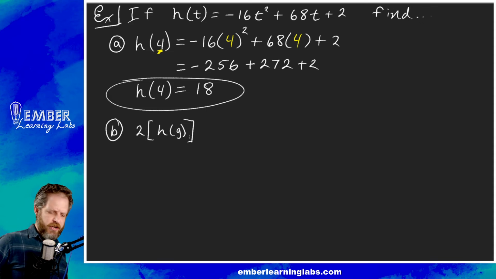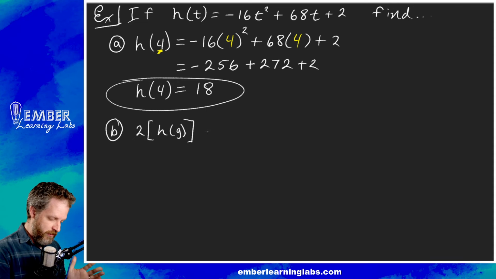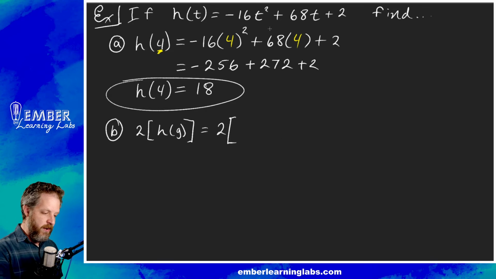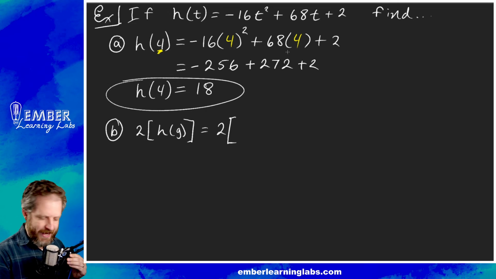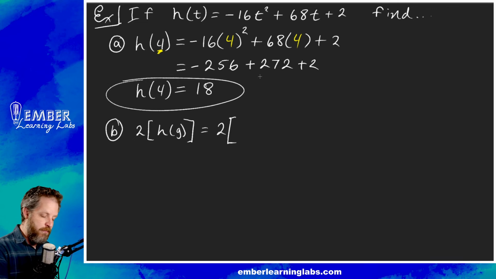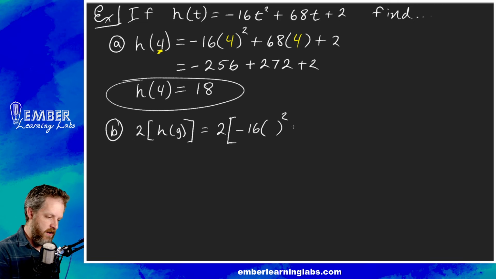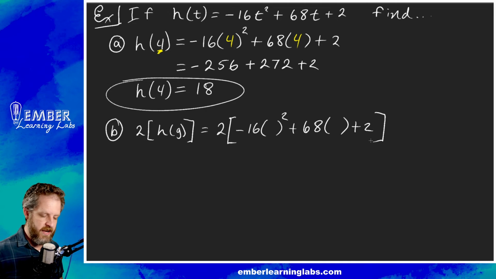So we're going to put the 2 times, and now we're going to rewrite it with a parentheses everywhere the variable is. So negative 16 times squared plus 68 times plus 2. I'm going to close that up.